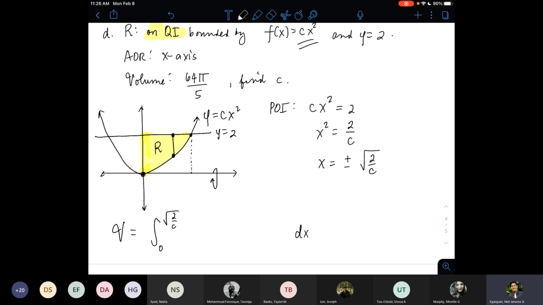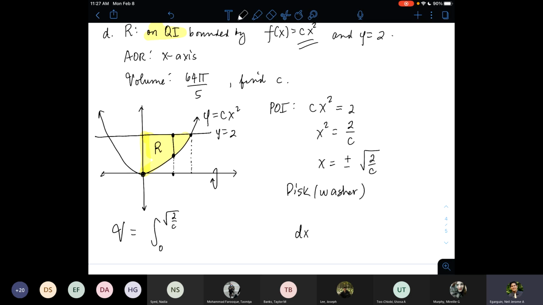The strips that we are using are perpendicular to the axis of revolution, so that means we will use the disk or the washer method. If you draw a strip from the axis of revolution towards the end of the region, you will notice that some part of that strip is outside of the shaded region.